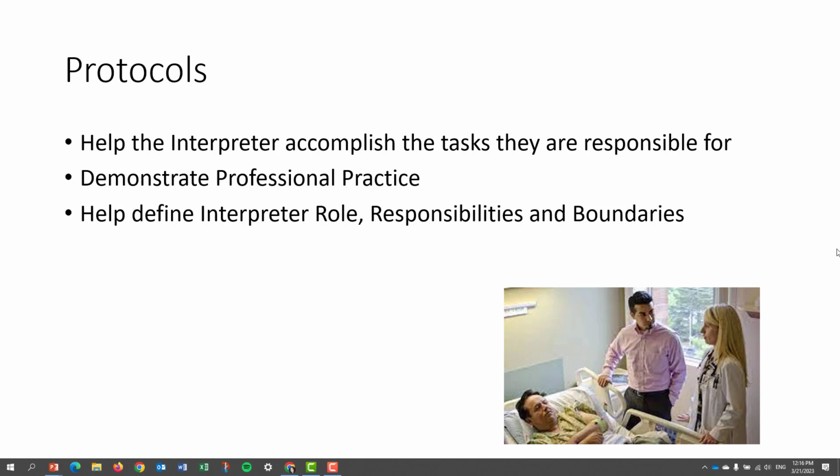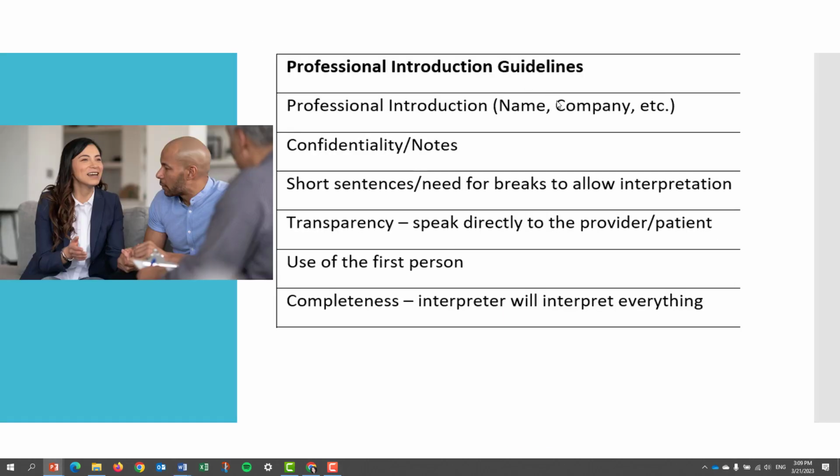To explain this a little bit better, let's start looking at the protocols for interpreting. The first protocol we're going to discuss is the professional introduction. You will sometimes see it called a pre-session in some of the resources and study materials for interpreters. I like the term professional introduction because it serves as a way to introduce yourself as well as your role.